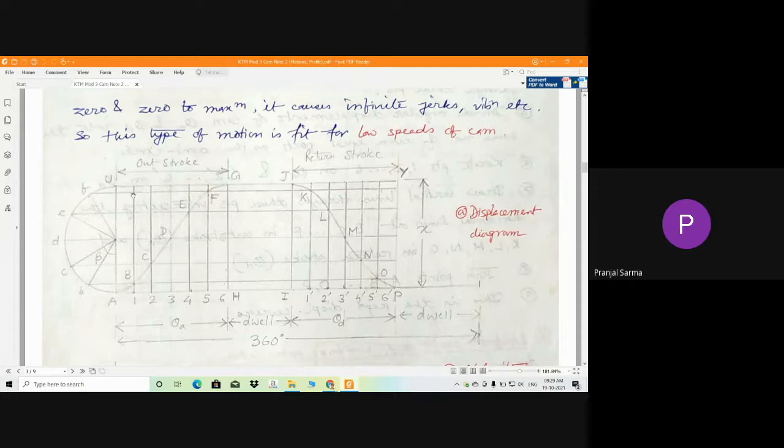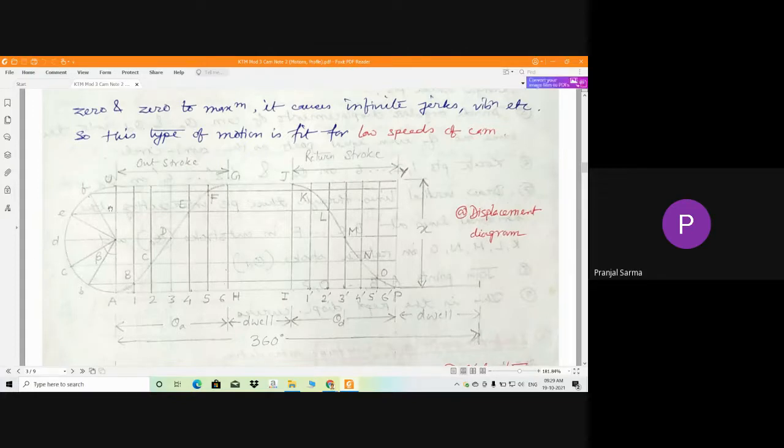We complete this rectangle with theta a, delta one, dwell one, delta theta d, and so on. Then, as it is SHM, considering this lift as the diameter, we draw the semicircle here.